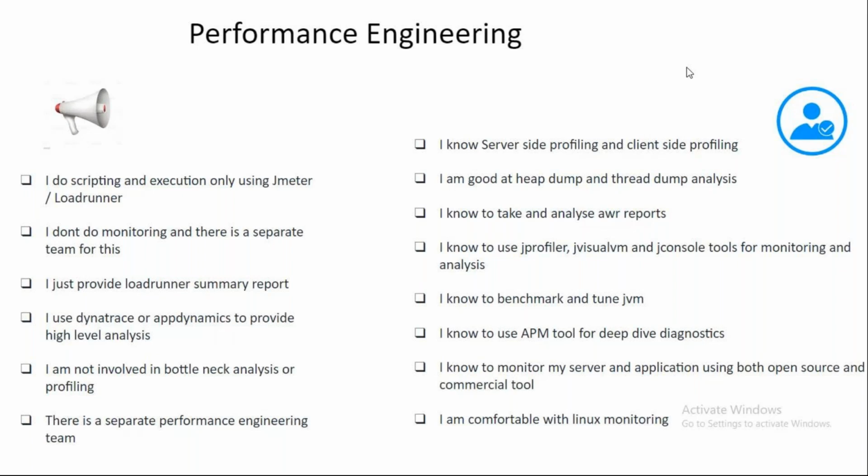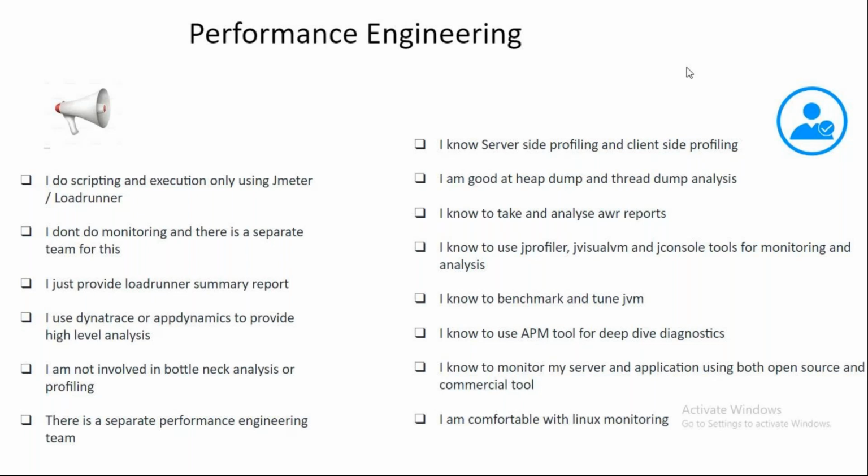All this is what one would expect from a person who has experience in performance testing and who is at the beginner level of engineering. And that is the kind of skill set we want to upskill you with through this course.